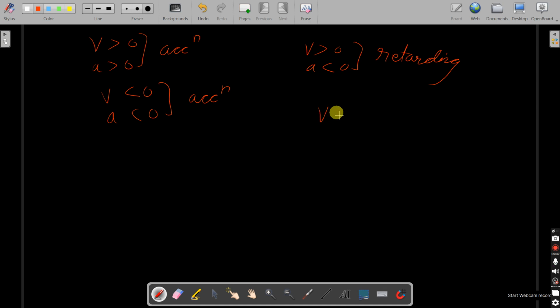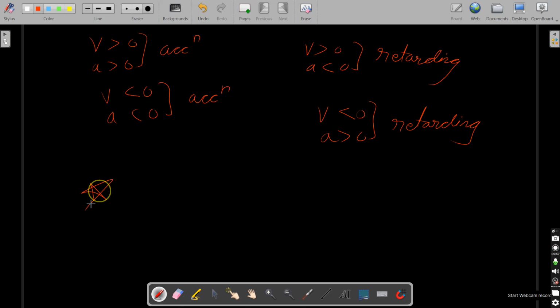And if the velocity is less than zero, but the acceleration is greater than zero, so velocity is negative, this again is retarded. So when the velocity and acceleration have the same sign, it is accelerating.